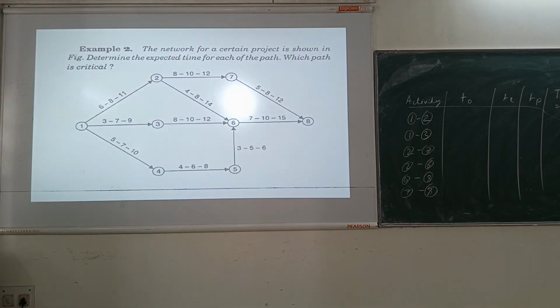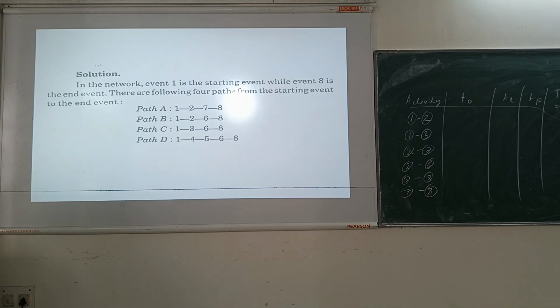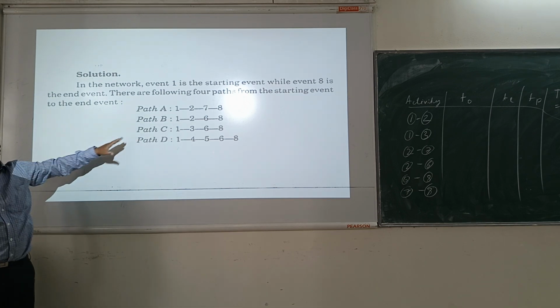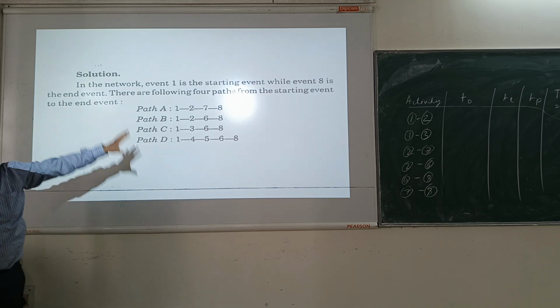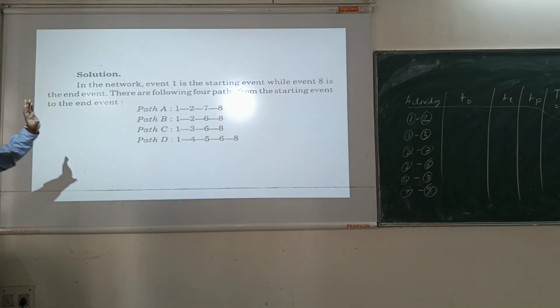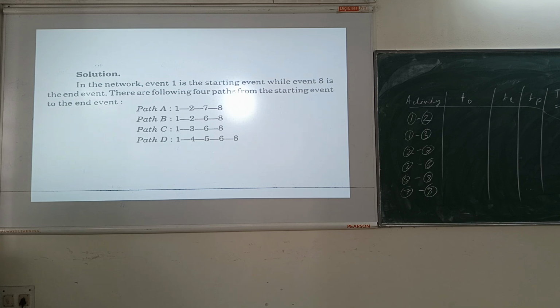From the concept I will tell you. Between paths A, B, C, D, I have to find out which path is taking how much expected time from the equation. You have already written these 4 paths.